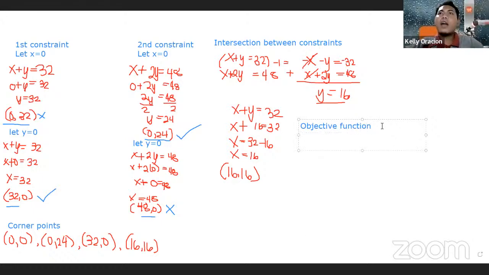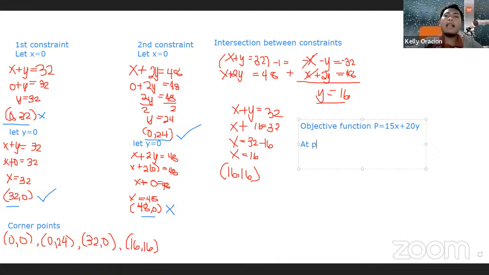So our objective function we have is equal to 15x plus 20y. Ito yung objective function natin. So we will use each corner point to get the maximum profit.